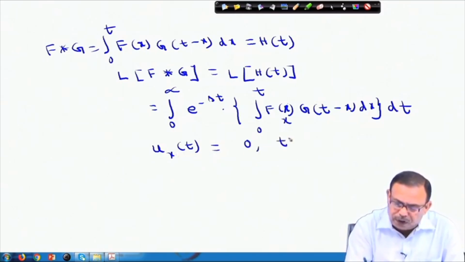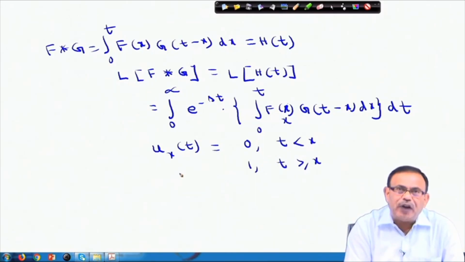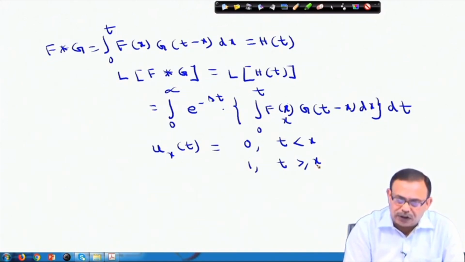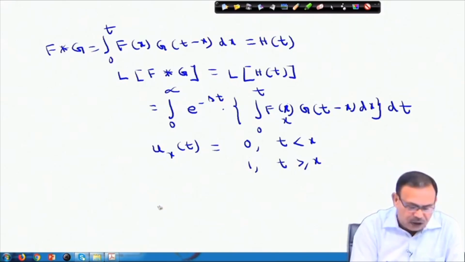Say it is 0 for t less than x and it is 1 for t greater than or equal to x. I am defining a new function u(x, t) such that for t less than x the value of the function is 0, and for t greater than or equal to x the value of the function is 1.